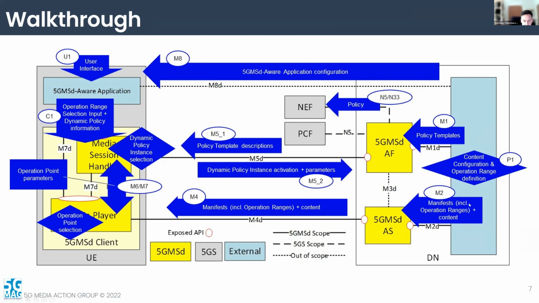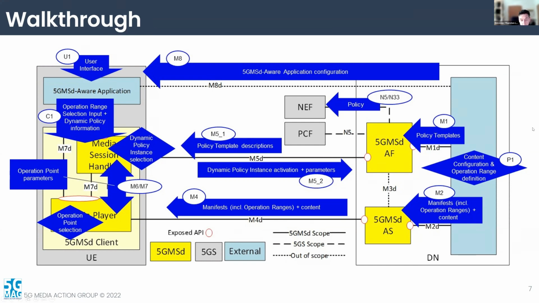Last but not least, of course, the manifest needs to be conditioned in some way, because also here the dash player or the media player in general needs to understand it doesn't make sense to go to, for instance, 4K resolution, because 4K is not allowed.